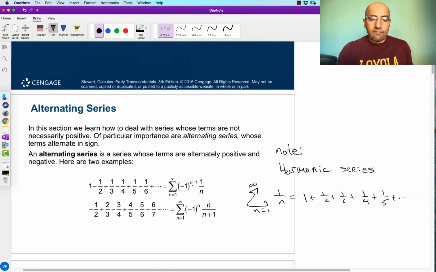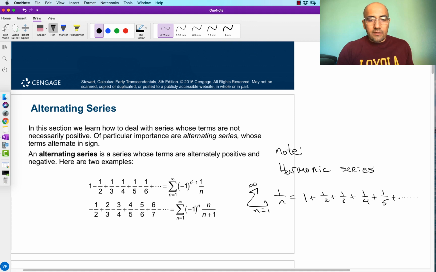For some choices of n, we'll end up with an even exponent, which means that all of this turns into a positive. And for some values of n, this exponent is an odd value, which means that this stays negative. And so it alternates between positive, negative, so on and so forth, right?